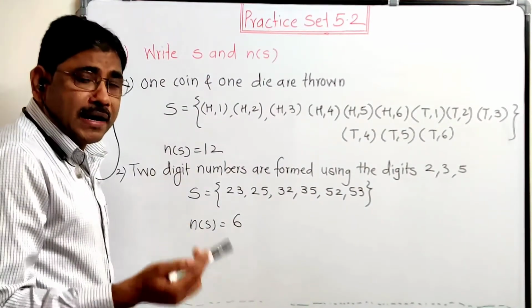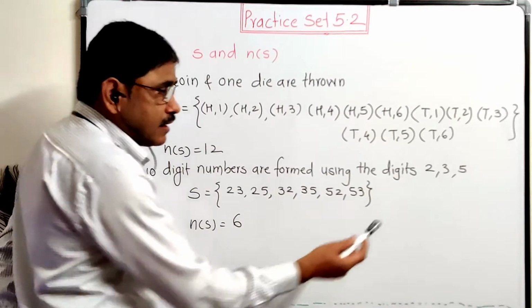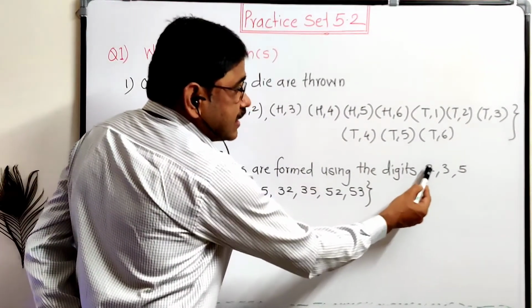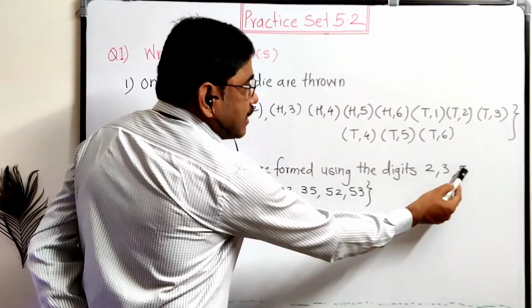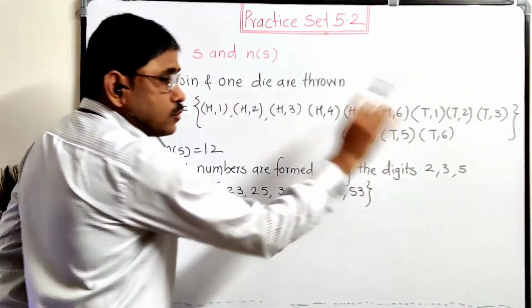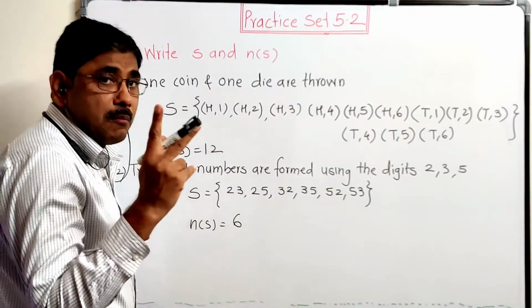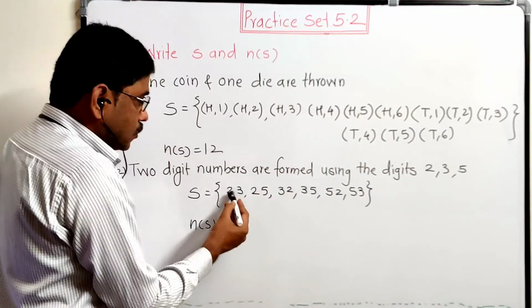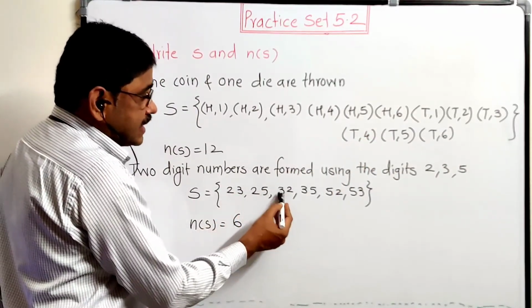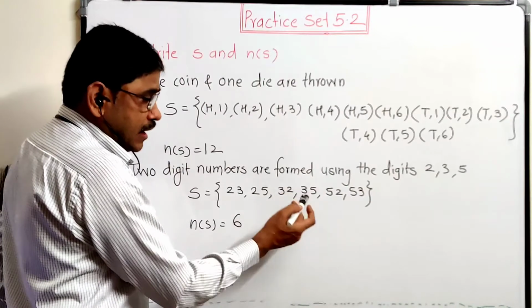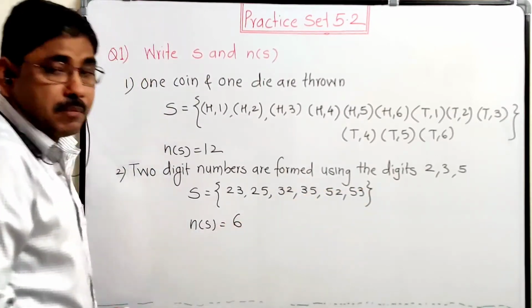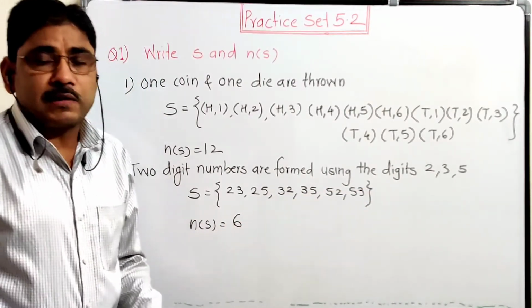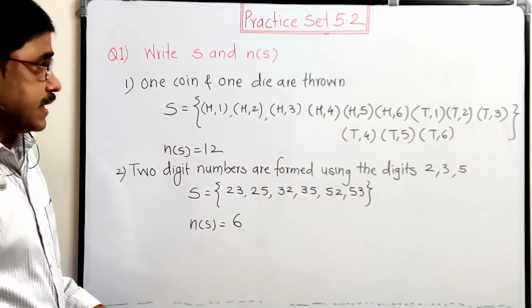So how to form the numbers, कैसे करना है? 2 लिया, उसके बाद में 3 जोड़ दो 23, उसके बाद 5 जोड़ दो 25. So we get the 2-digit numbers formed by 2. Then 3: 32, 33 not allowed, 35. So we get 6 numbers. So in this way question number 1 is completed.